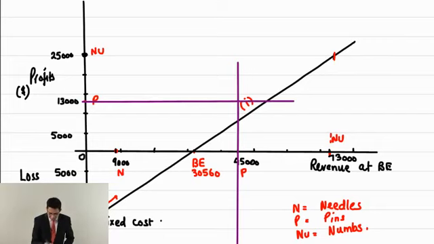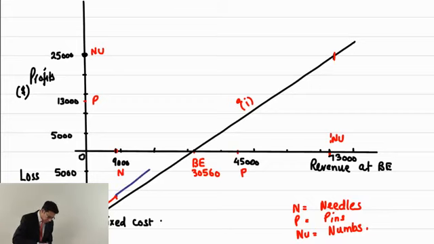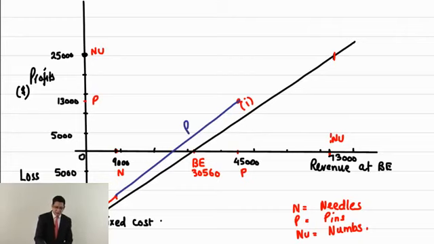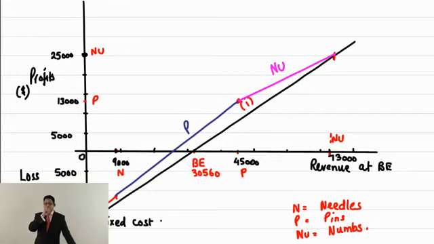And wherever two lines meet with each other, this common point, we can remove the other ones, and here is the representation of pins, which is P. And now I am showing the third product, which is nums, which is not difficult at all.